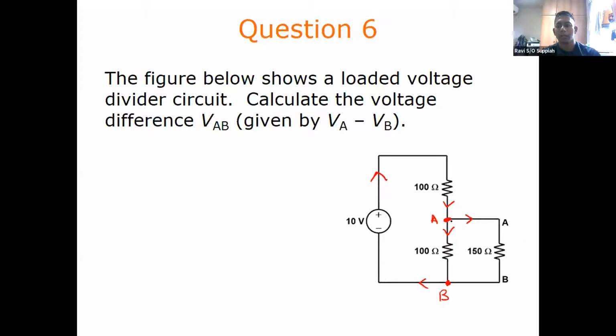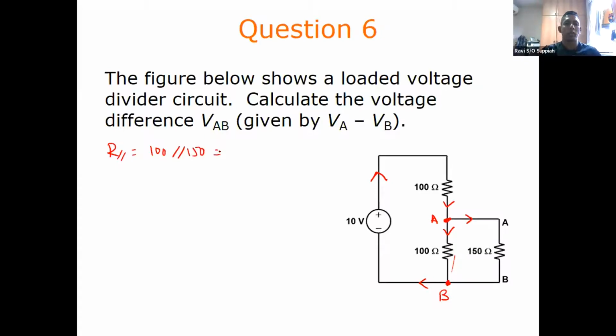Now, whenever current splits into two branches, you consider both these branches as being parallel. That means at this point, from A to B, the effective resistance is actually 100 parallel with 150.